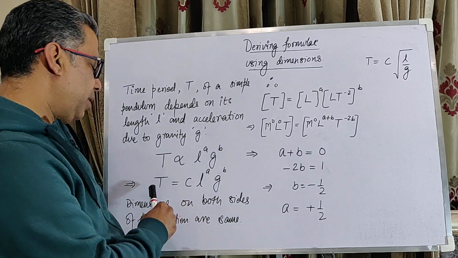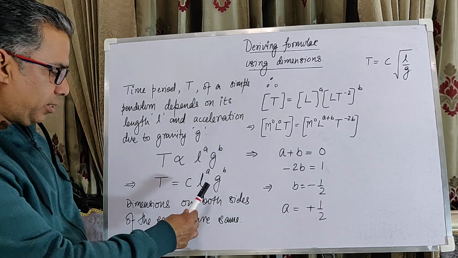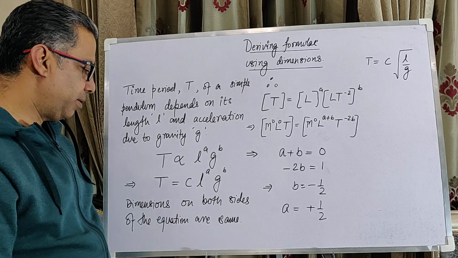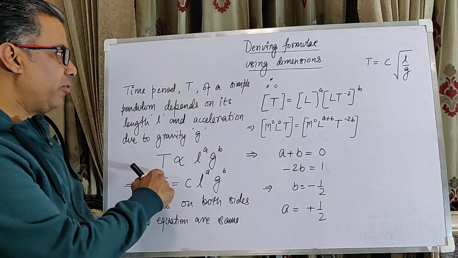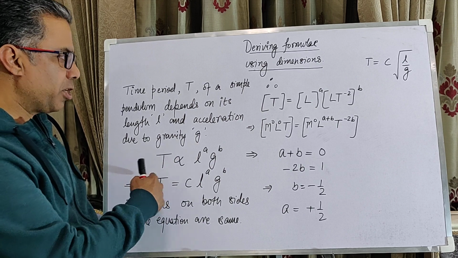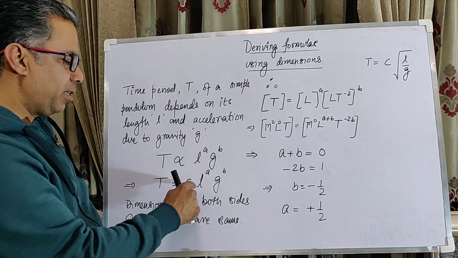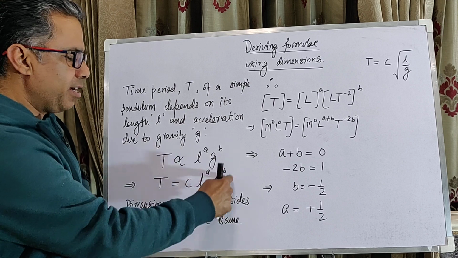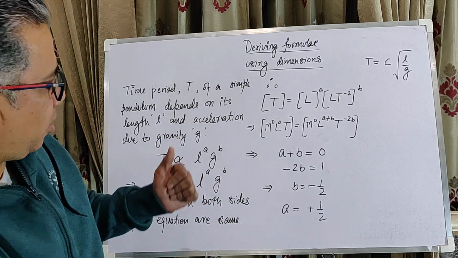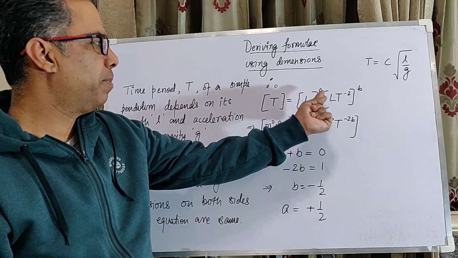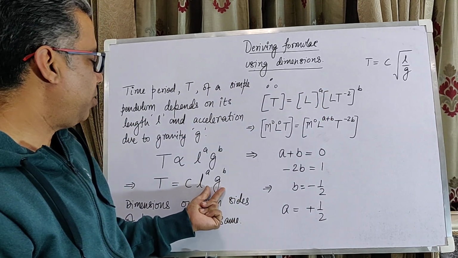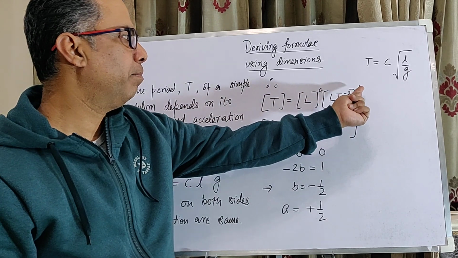Now the dimensions on both sides of a correct physical equation have to be same. So the dimensions of t, which should be same as dimensions of time, should be same as dimensions of the right hand side of the equation. On the right hand side we have length raised to the power a, so L to the power a, and acceleration due to gravity g to the power b.